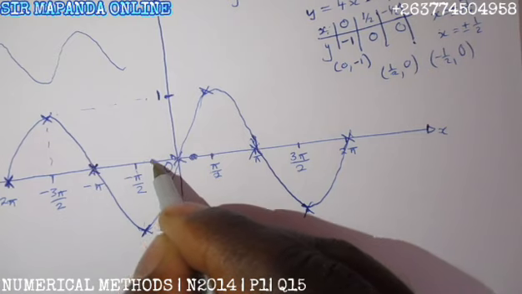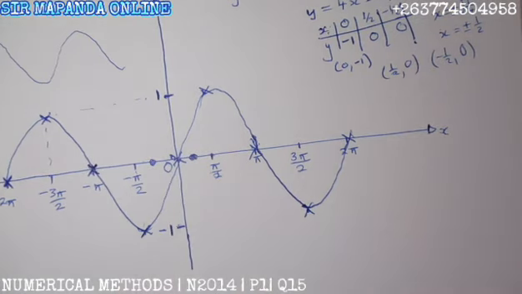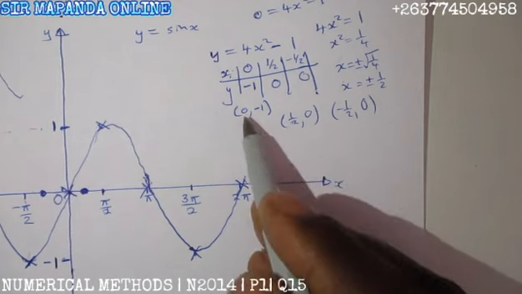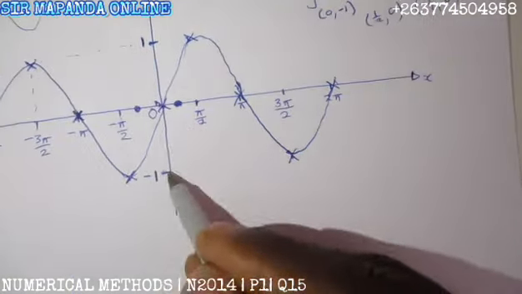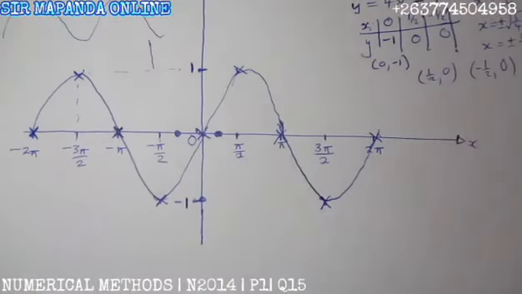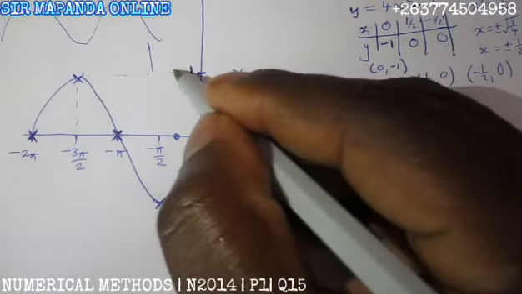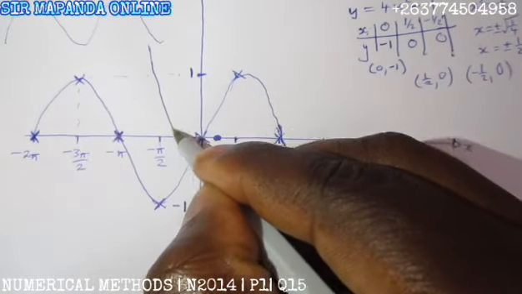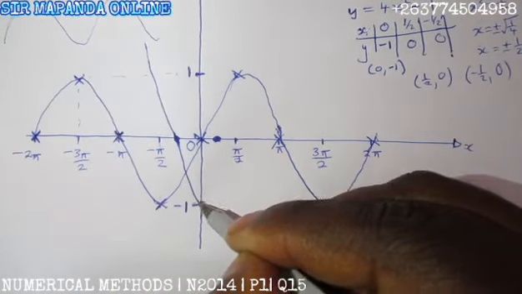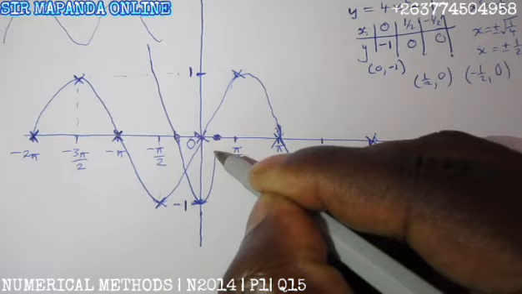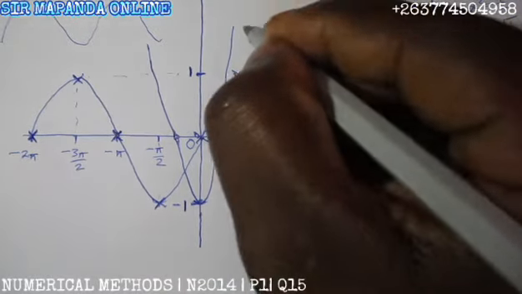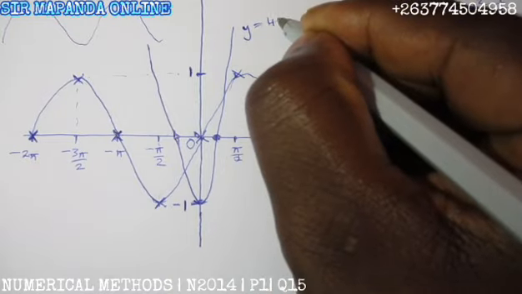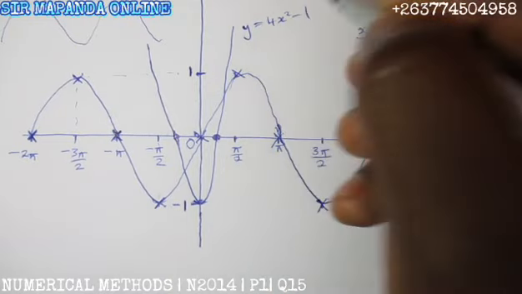So this is where minus a half lies. But our graph is passing through (0, -1). So we want to connect the points to draw the parabola. So it is going to come out like this. So this is the graph of y = 4x² - 1.